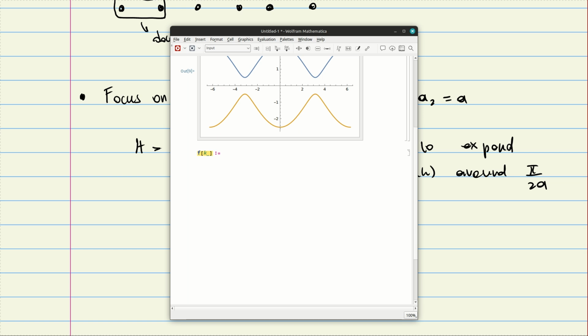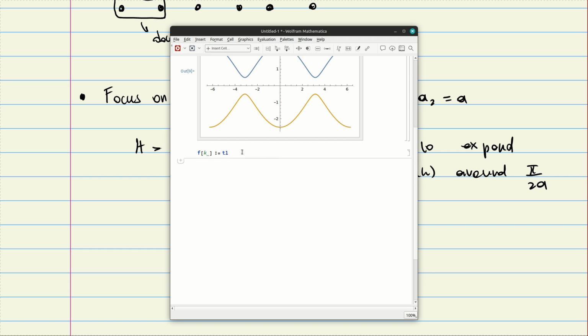I think I don't need to define it, but let me call this T1, and I want to define T1 to be undefined, and let's also erase T2 to be undefined.